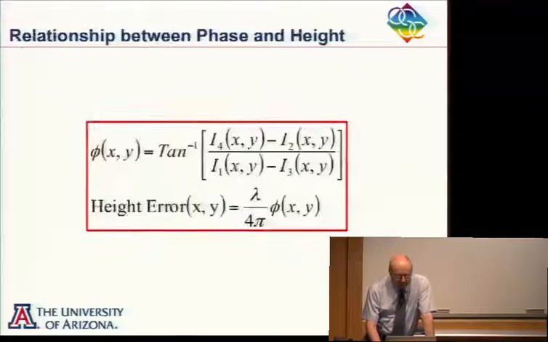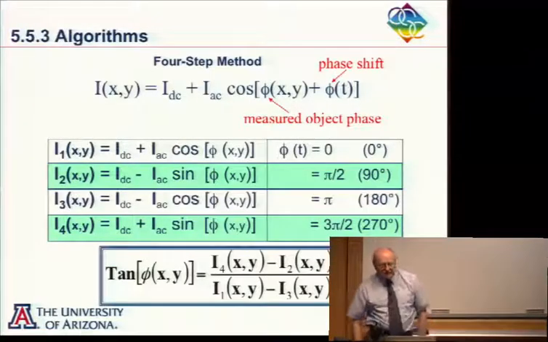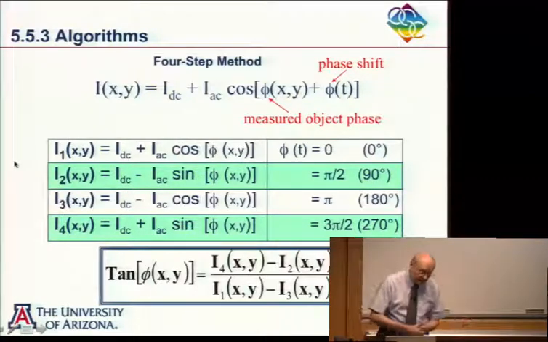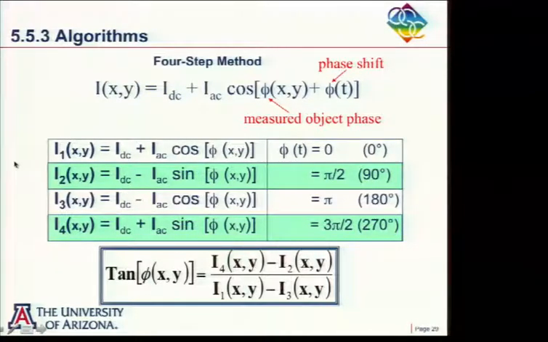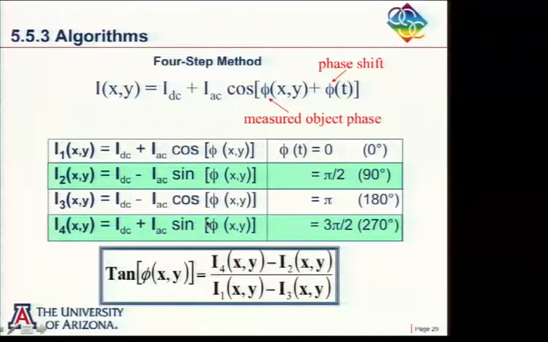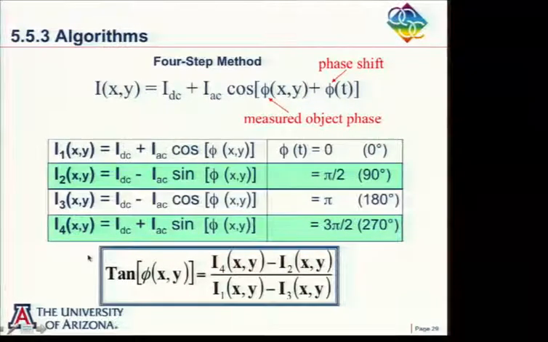Okay, well, we have all these algorithms here. If you want to calculate for 5 steps or 6 steps or whatever, you can go through some procedure like this and simply write this out. The nice thing about using these 90 degree phase steps is you get nice sines and cosines here.